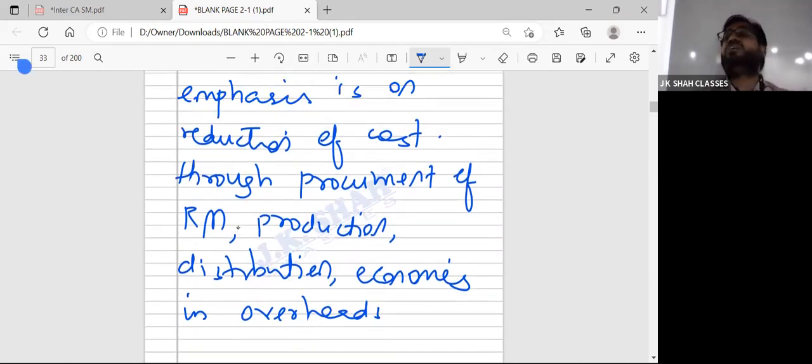So how are we going to achieve this? We are going to achieve this by aggressive reduction in cost.